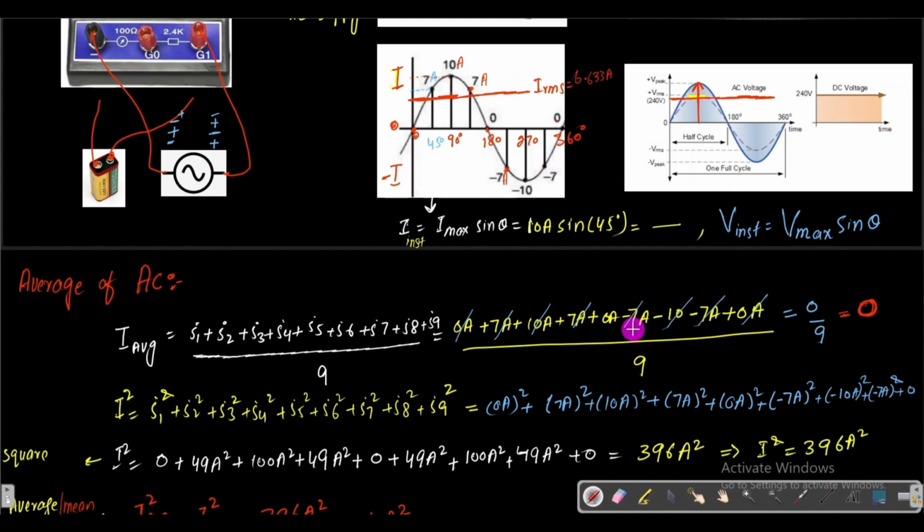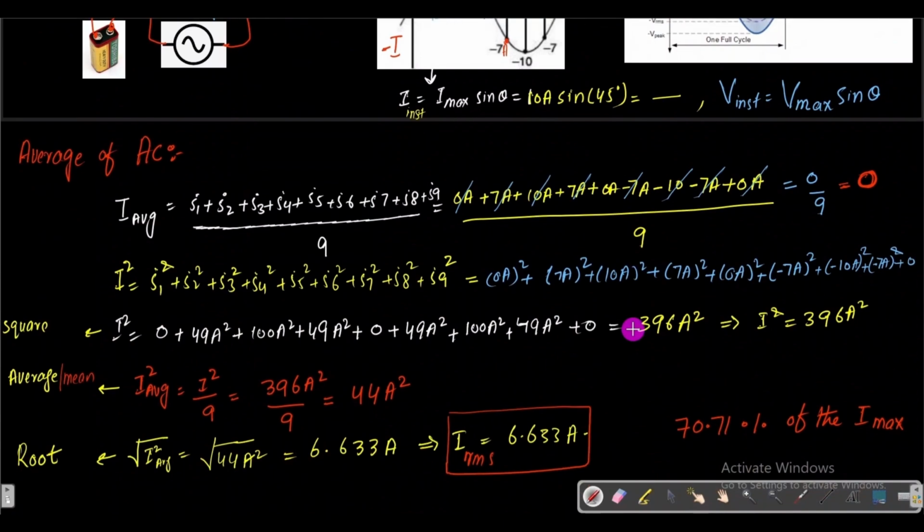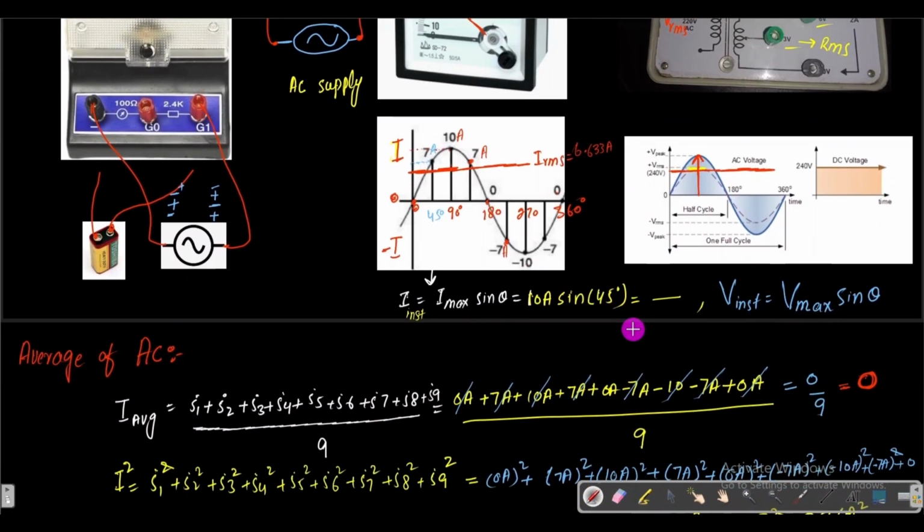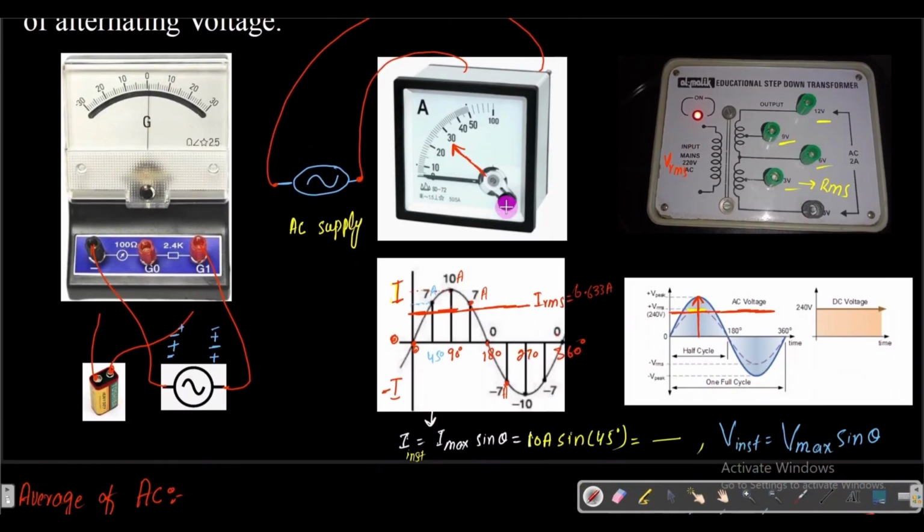So from all this discussion, I'm going to conclude that if we provide the AC source to the galvanometer, the needle of this galvanometer will be vibrating.